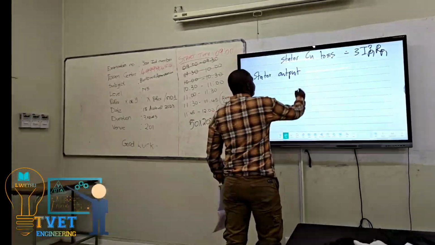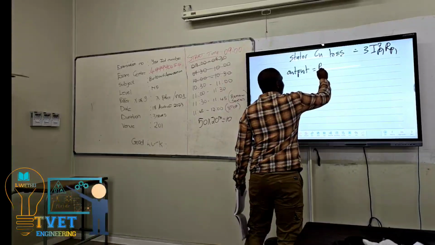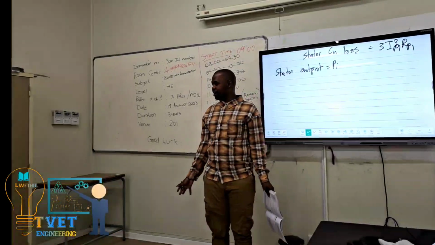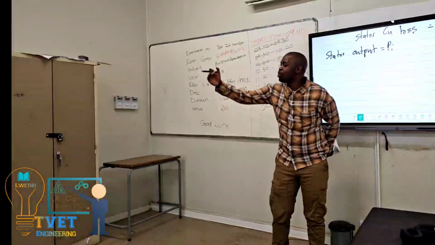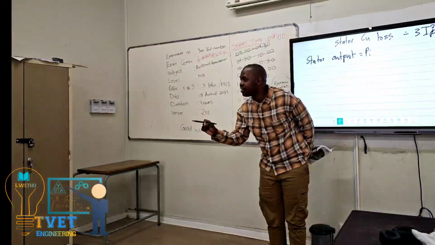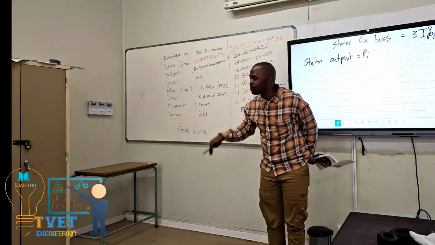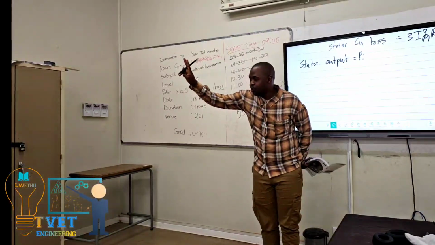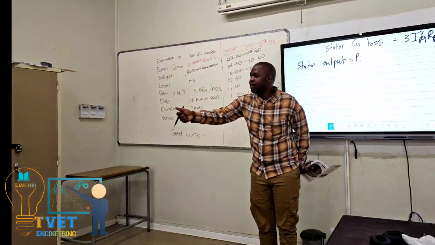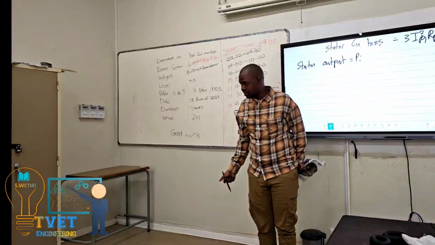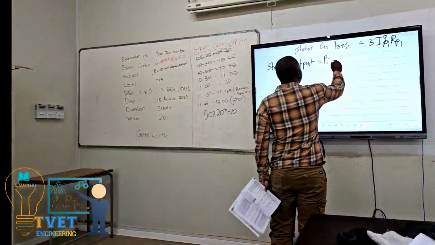This stator output is equal to the input power minus the stator losses, and the stator losses are the stator copper loss and the iron loss.